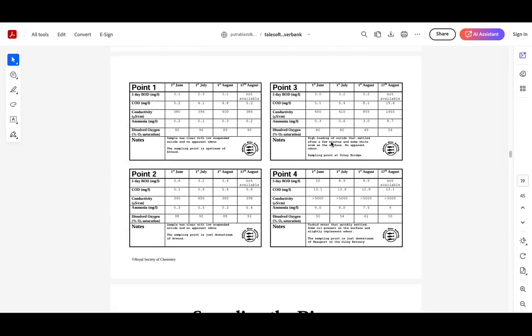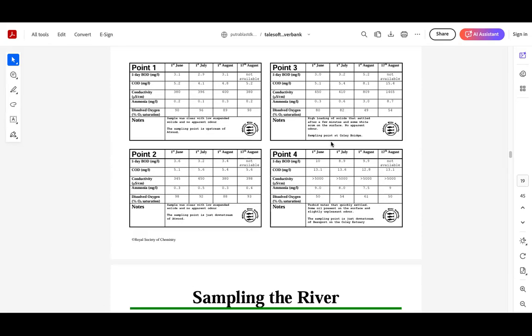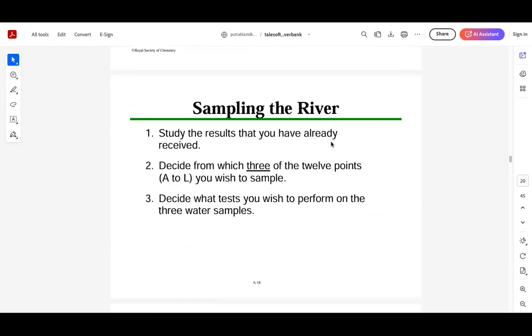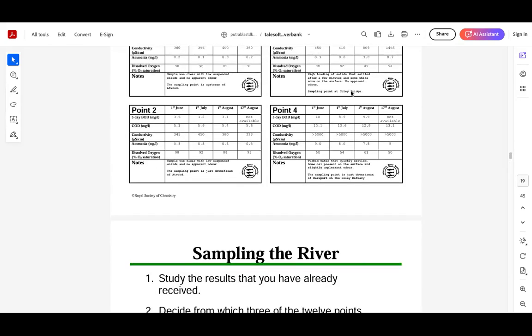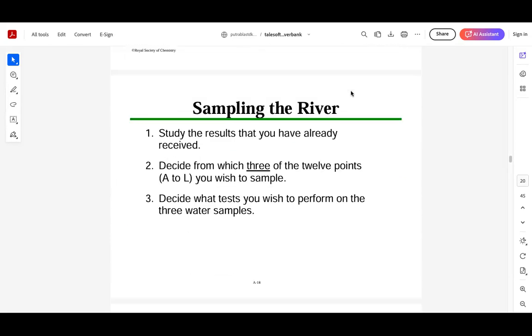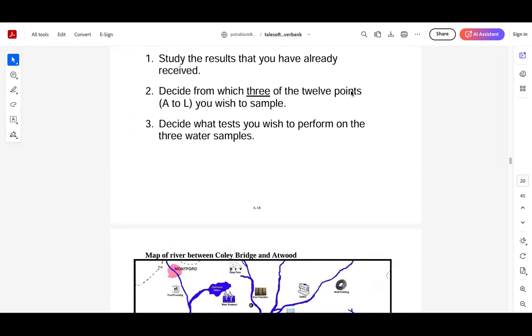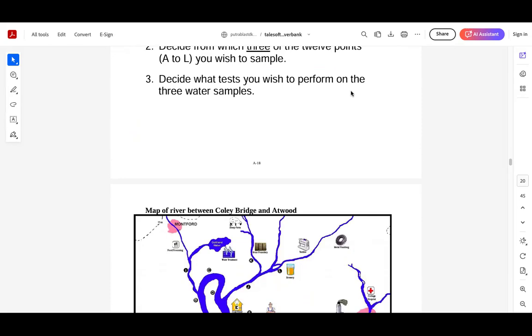And you are given some data on BOD. This question has to be answered. Study the results that you have already received, which are the above results. Decide from which 3 of the 12 points you wish to sample. Decide what test you wish to perform on the 3 water samples.